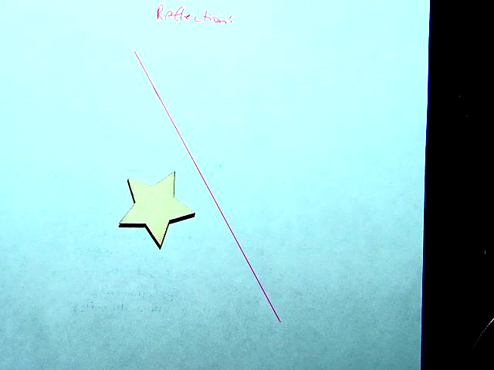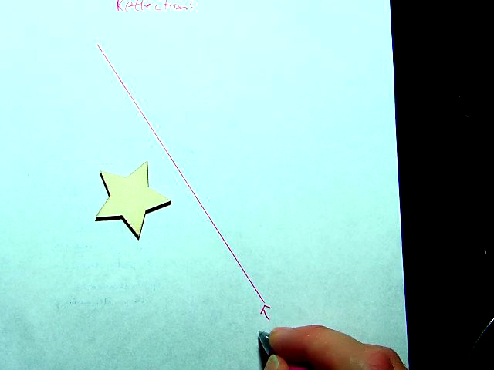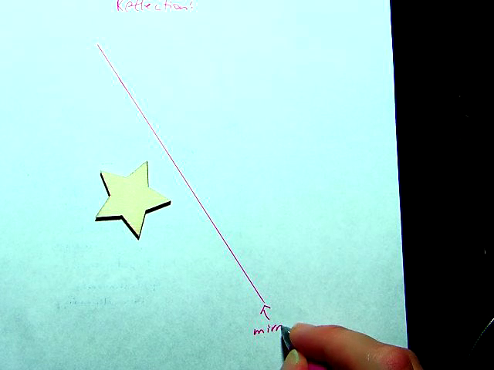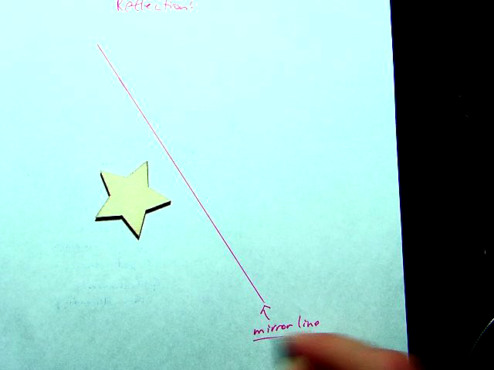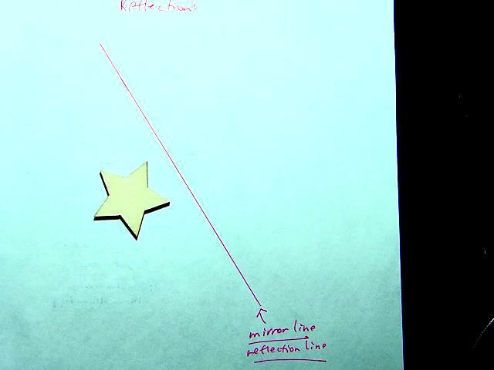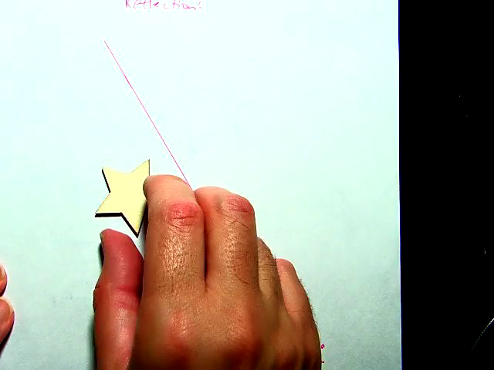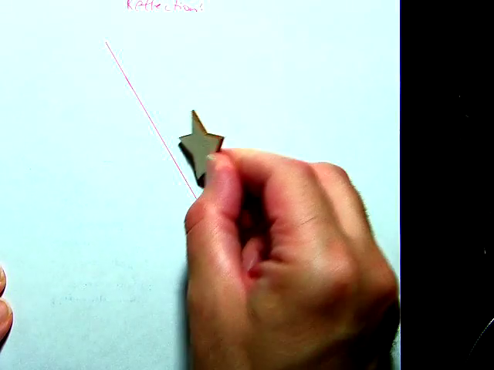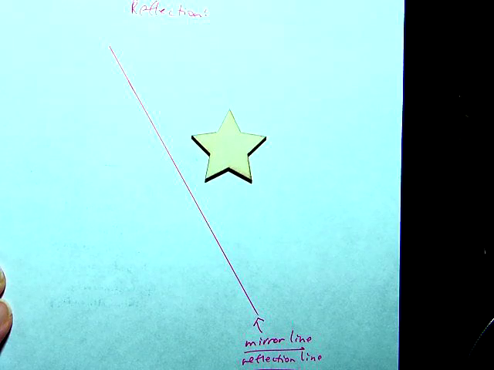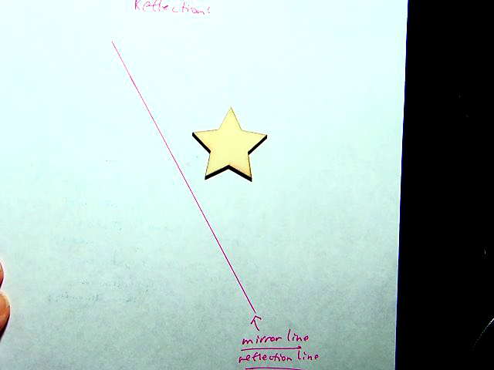So let's say that we start with our object here, and this is our mirror line, or our reflection line, it's called lots of different names. The way we reflect an object is to essentially flip it over the line like that. We have just reflected this star-shaped object over our mirror line or our reflection line.